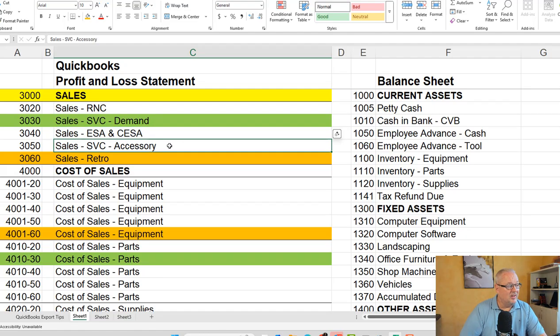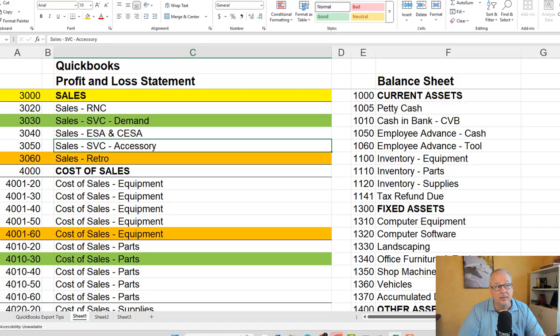And then service accessories, we break that out. We break that out because if you have a service technician that's selling a lot of IEQ and stuff like that, and it's all mixed in your average repairs, you don't know what your true average repairs are. And so they get the credit for generating those revenues, but it's separated so we can see where that technician is profitable and where he's not. That makes sense.